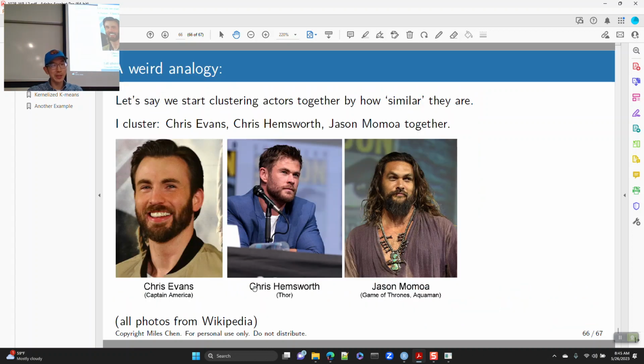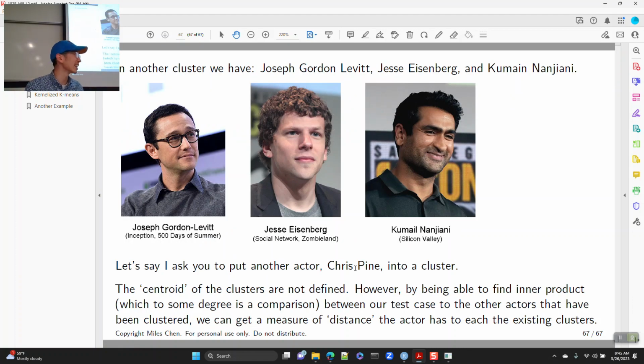I suppose we could imagine the average of these actors and the average of those actors, and what that person looks like. That would be the centroid that maybe doesn't quite exist. And what if we put in some additional actor, another Chris, Chris Pine, who is Captain Kirk.